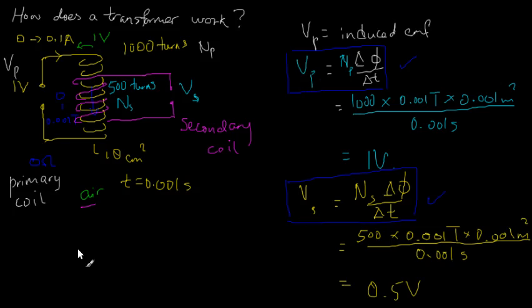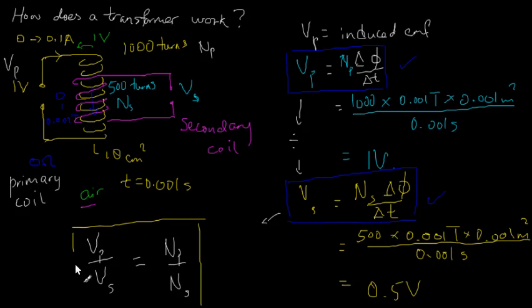Then the left side will give us Vp over Vs, and on the right side the phi and the t will cancel with the phi and the t here, so we are left with Np over Ns. And this is how we get our transformer equation.